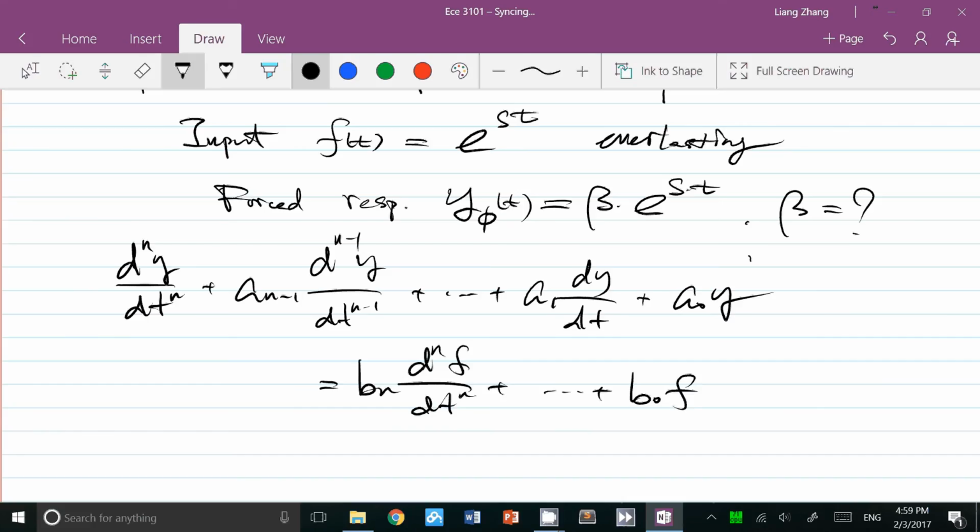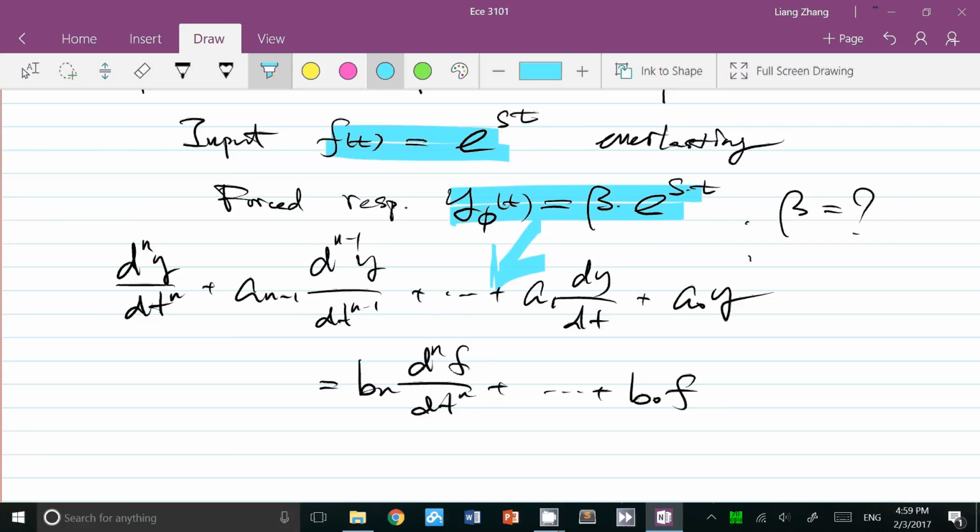Now, since we have an input and an output, I can plug them into this equation. The output will go to the left hand side, and the input will go to the right hand side of the equation. So plug it back in.